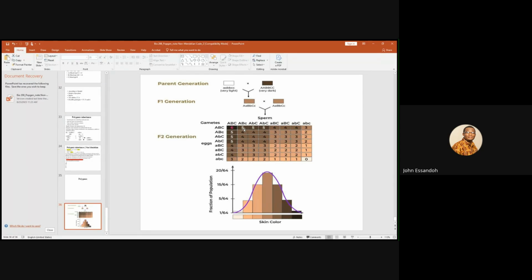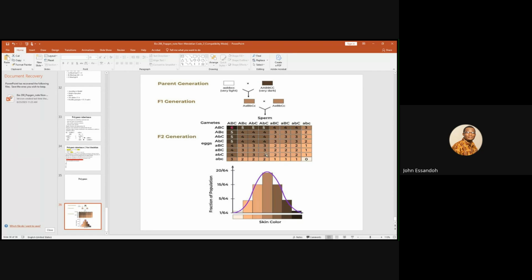All right. So for instance, to give birth to a pure Caucasian, pure white, it's 1 out of what? 1 out of 64 by this crossing alone. So that's the probability of it occurring.